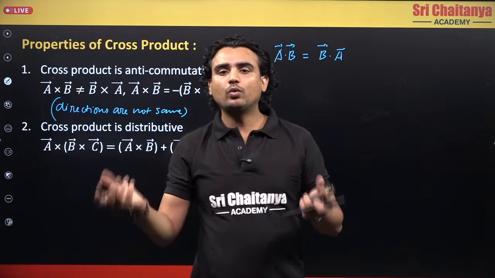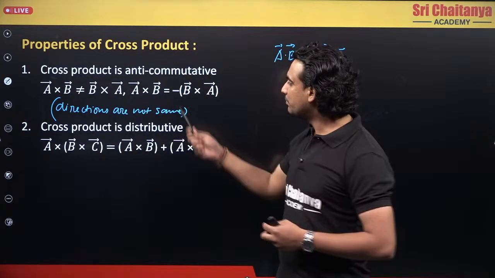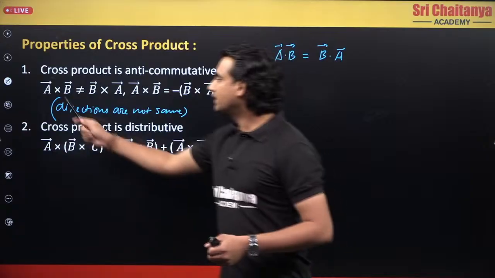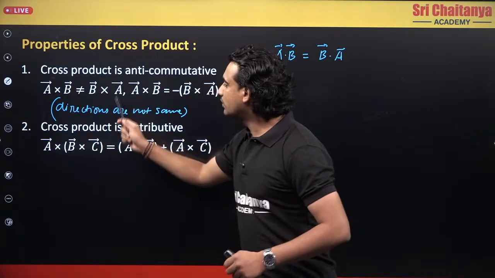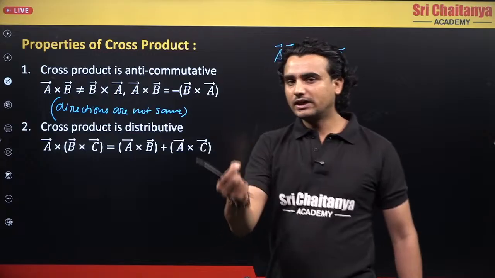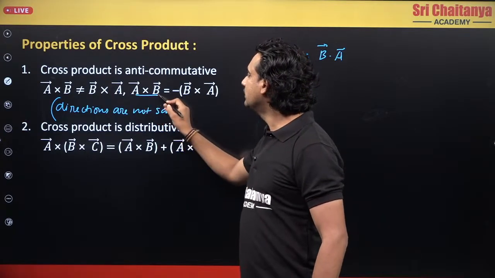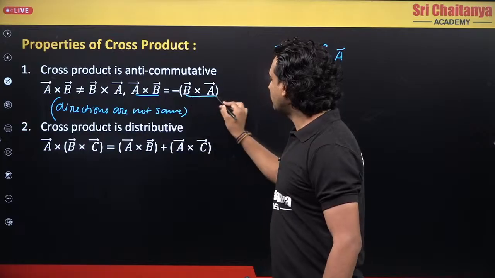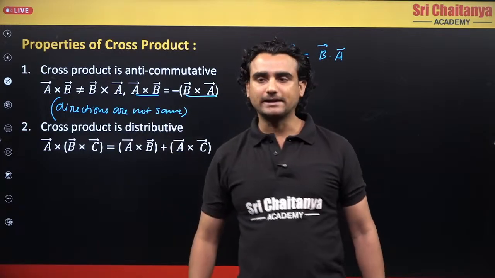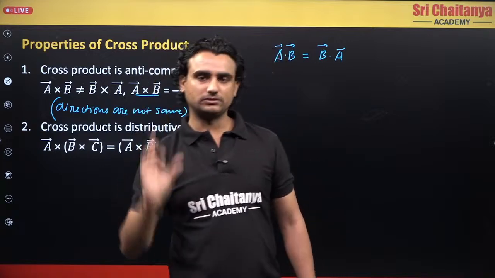Two vectors can never be equal if the directions are not the same. So the same problem arises here: a cross b is not equal to b cross a because the directions are not the same. We can say that the directions are opposite, so a cross b is the same as b cross a if I multiply with this minus sign. This minus sign corrects the direction.